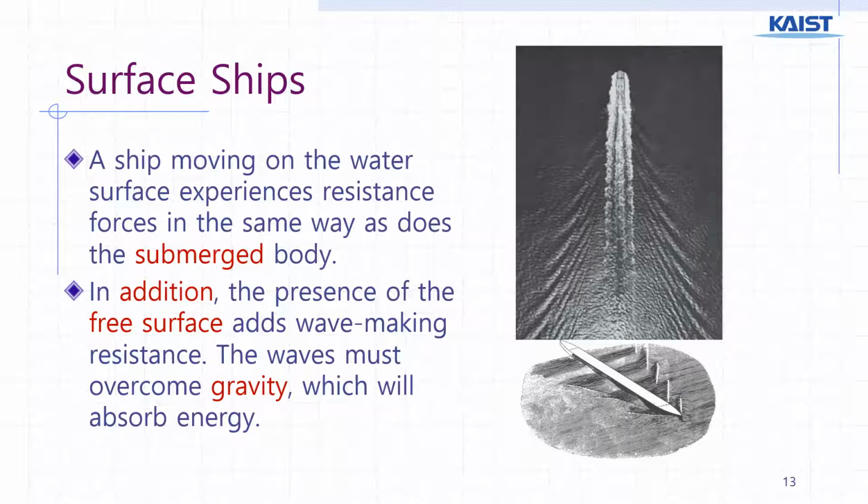So when the propeller is rotating, the flow around the propeller stream we call the wake field. And around the wake field, the pressure distribution is different because of the ship in front of the propeller. That gives you a fluctuation of pressure on the surface of the propeller when it is rotating.